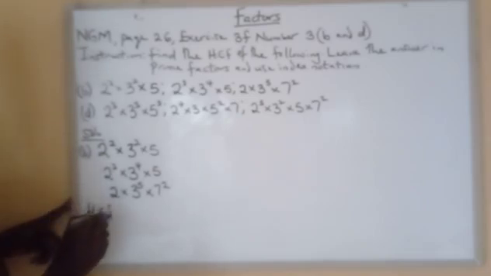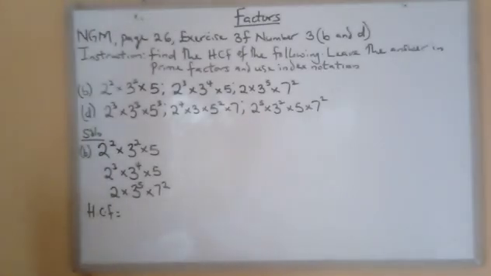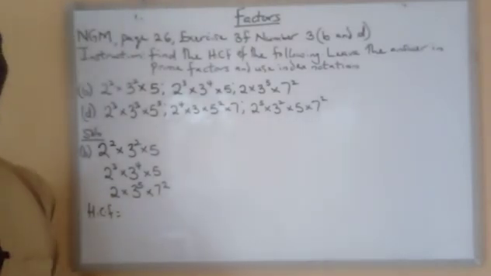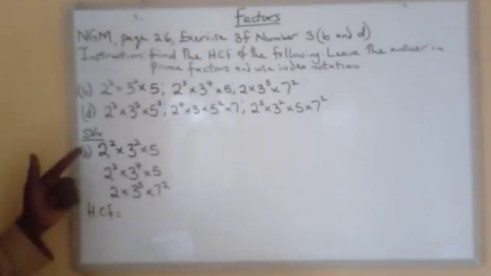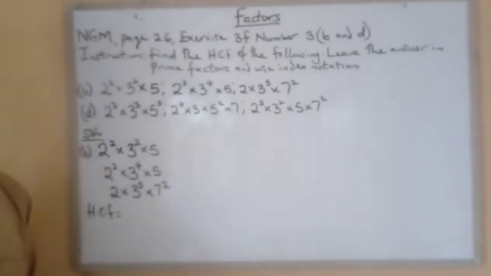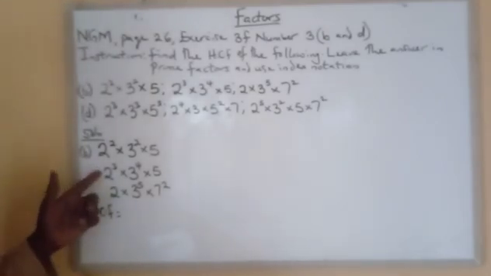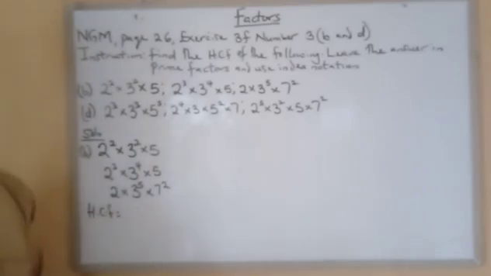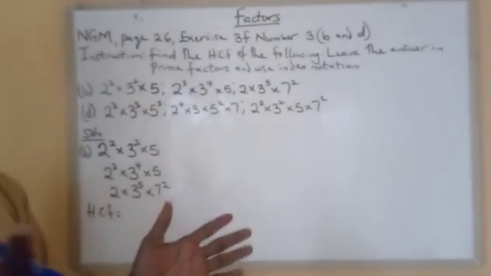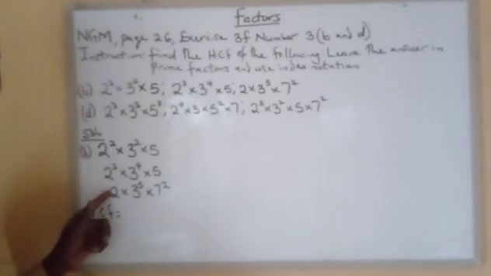So how do we find the HCF? To find this one is easy. From our previous lesson, when we say 2 to the power of 2, we mean 2 times 2. When we say 2 to the power of 3, we mean 2 times 2 times 2. Here is only one single 2.